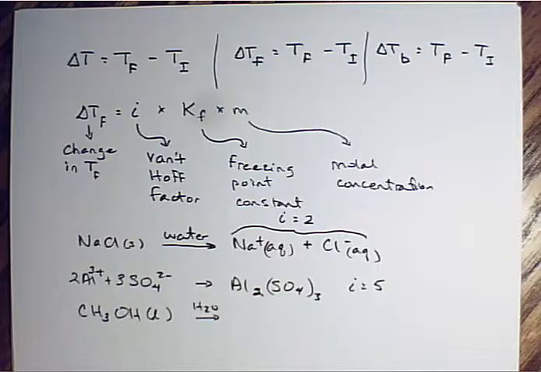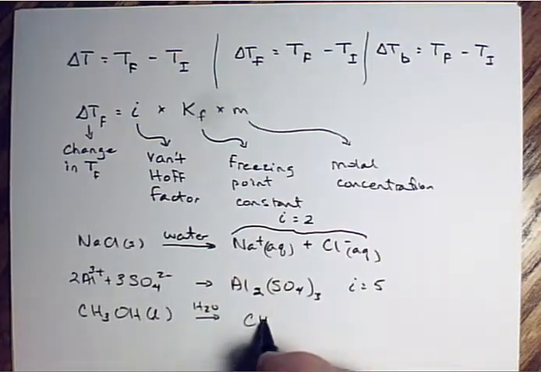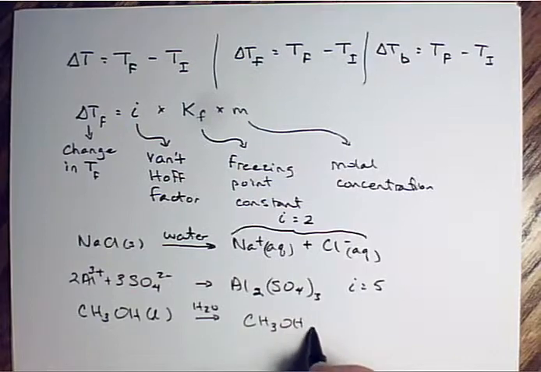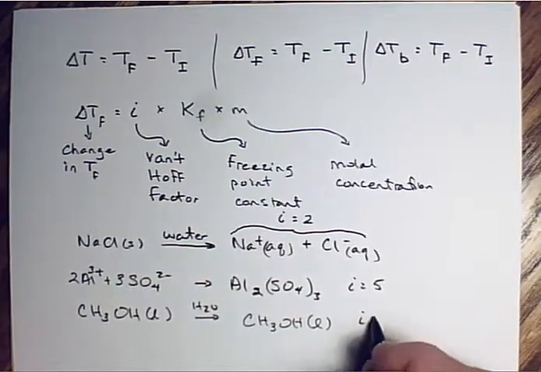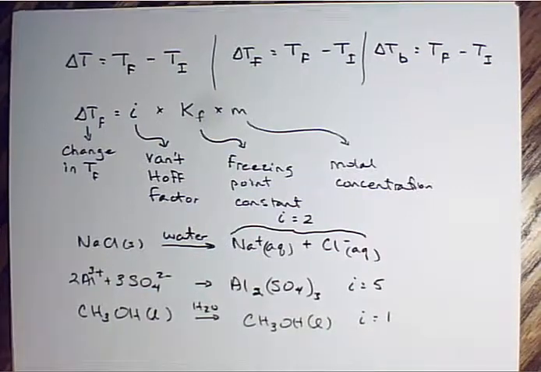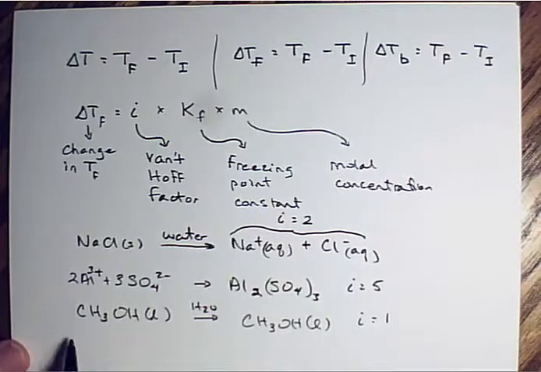Just 1 particle. It doesn't break up in water. This is not ionic. This is not acidic. It's an alcohol. Alcohols don't break up. So it's just CH3OH liquid. What's the Van't Hoff factor? 1.